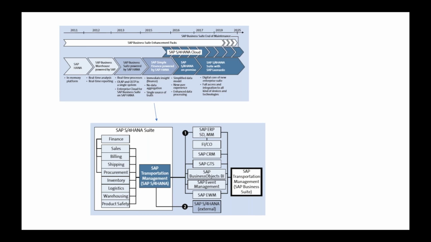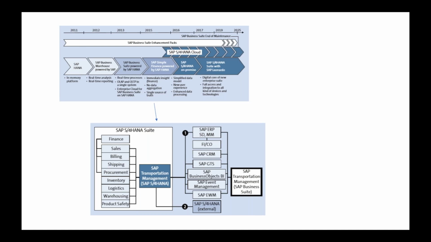As you know, S/4HANA is a long-term strategic software of SAP, where everyone has to go. So SAP TM is now available on two different platforms, either as standalone, which means it is not embedded, maybe your core logistics is in S/4HANA but your SAP TM is not embedded into that. The latest standalone versions are 9.5 and 9.6, and 9.6 is the latest one, released a few days back.